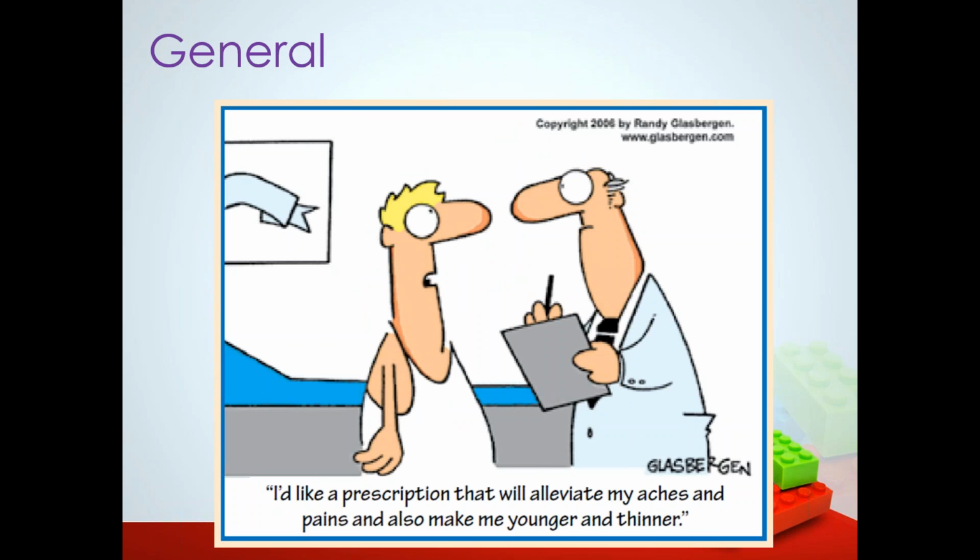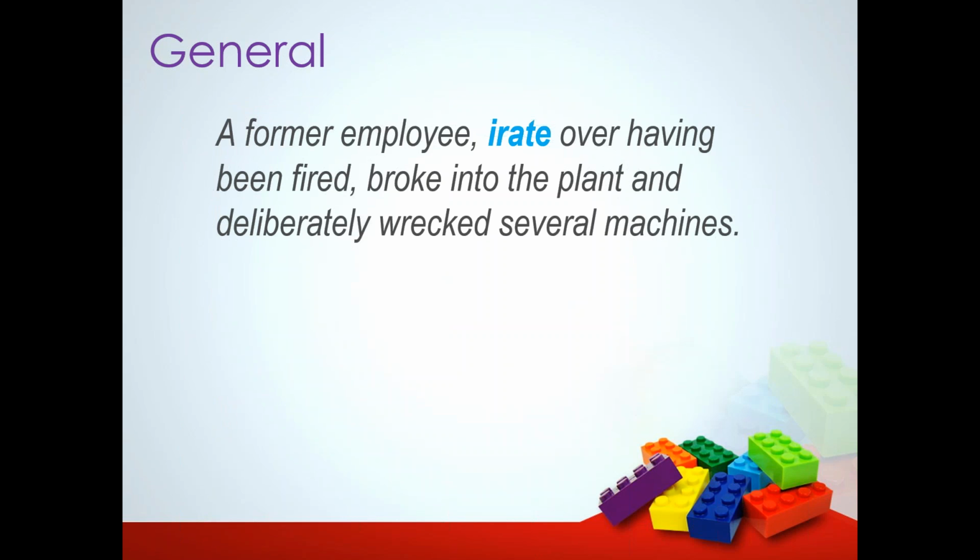Now, the final one are general types of context clues. This one says, I like a prescription that will alleviate my aches and pains and also make me younger and thinner. So when we talk about general, it's basically giving lots of different examples here. So a former employee, irate over having been fired, broke into the plant and deliberately wrecked several machines.